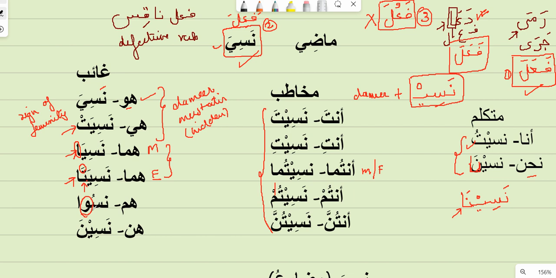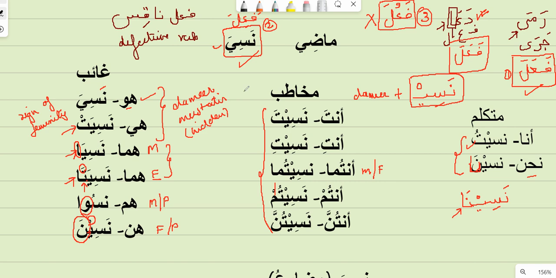You need to say waw al jama for male plural, and for the feminine plural, what is the damir? Noon niswa. The name for the damir is noon niswa. And what is the proof? That the previous letter has a sukoon over it. So these are all the past tense damirs added with the verb nasiya.